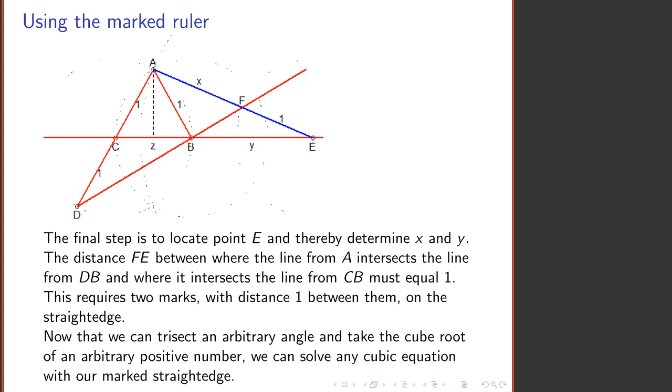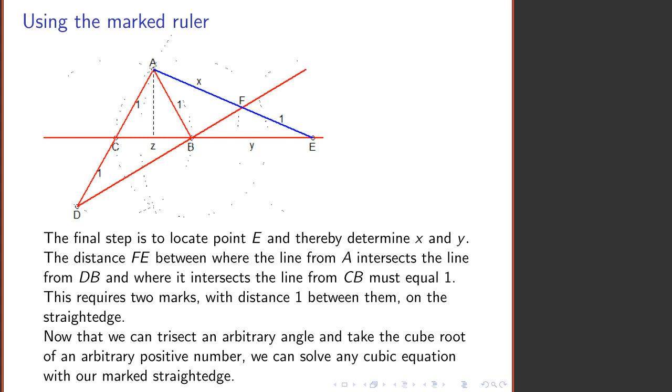So now what have I got? I start with z, and I construct an isosceles triangle whose base is z and whose other two sides are both equal to 1. That's straightforward Euclidean construction. I extend the base of the triangle BC to the right.